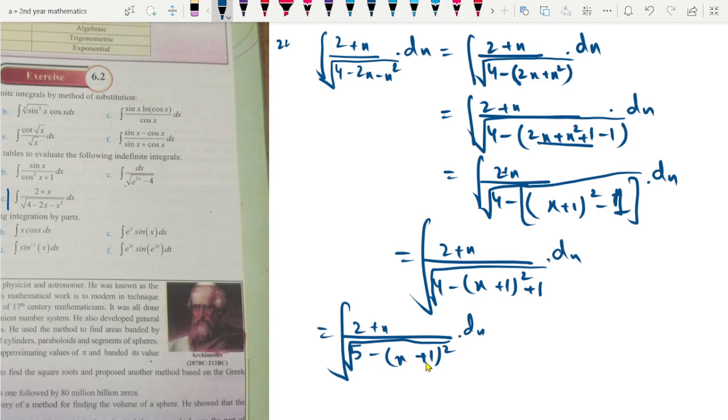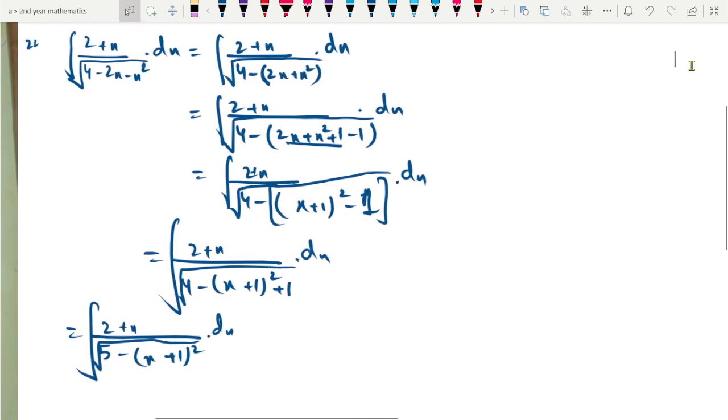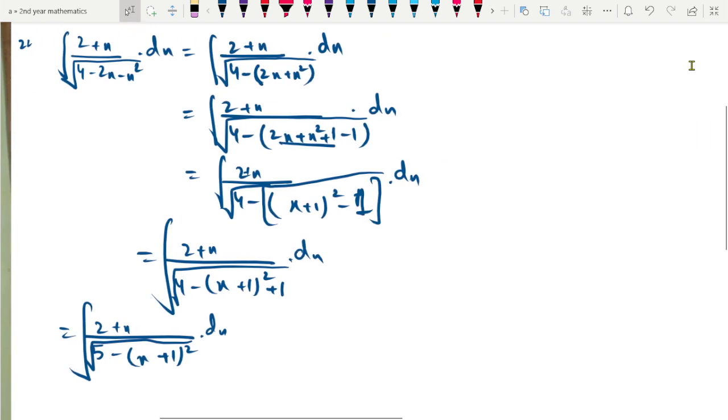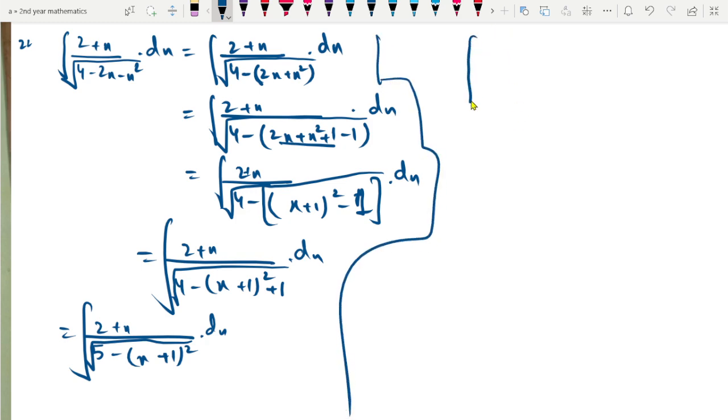Now let x plus 1 is equal to t. Now we have the integral of (2 plus x) divided by root of (5 minus (x plus 1) whole square) dx.